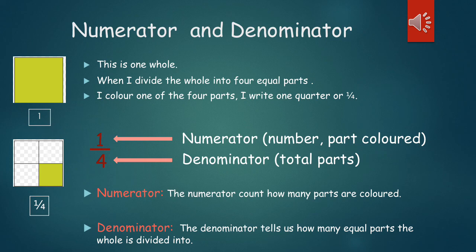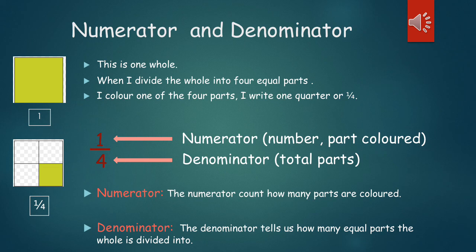Numerator and denominator. This is 1 whole. When I divide the whole one into 4 equal parts, when I color one of the 4 parts, I write 1/4 or 1 out of 4. The 1 at the top is the numerator. That's the number or the part that's colored.